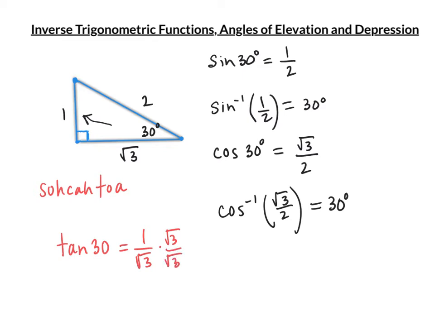We don't leave a root in the denominator. This would be √3 over √9, but the square root of 9 is 3. The tangent of 30 degrees is √3 over 3. And the inverse tangent of √3 over 3, notice I'm not plugging in an angle, I'm plugging in a ratio. That would be 30 degrees.